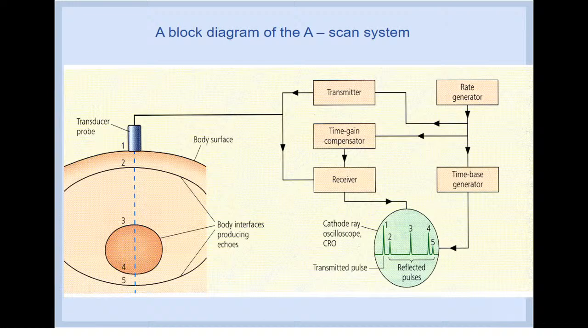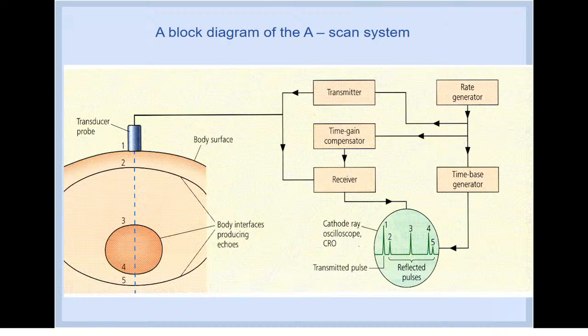These voltages are amplified at the receiver and applied to the Y plates of the cathode ray oscilloscope, causing a vertical deflection of the moving spot. A vertical line thus appears on the screen each time an echo returns to the probe.